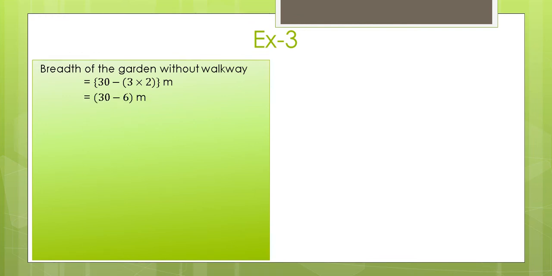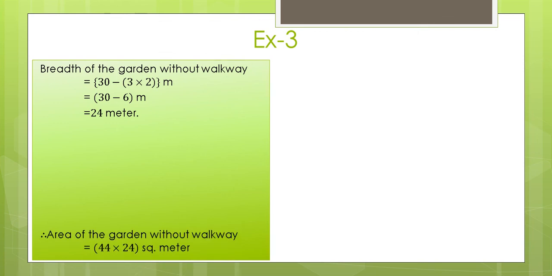So 30 minus 6, we got 24 meter. So we have got the length of the garden without walkway and the breadth of the garden without walkway. Now we have to determine the area of the garden without walkway.